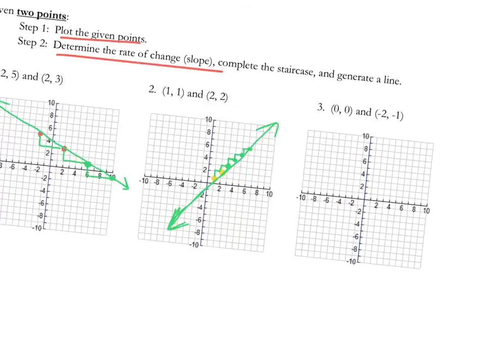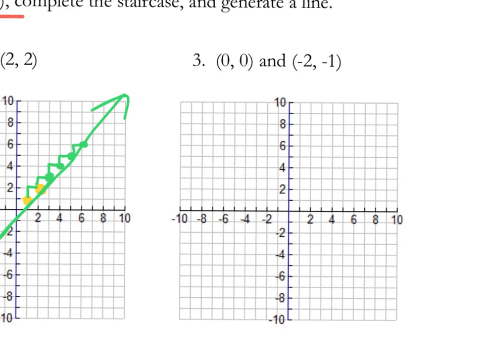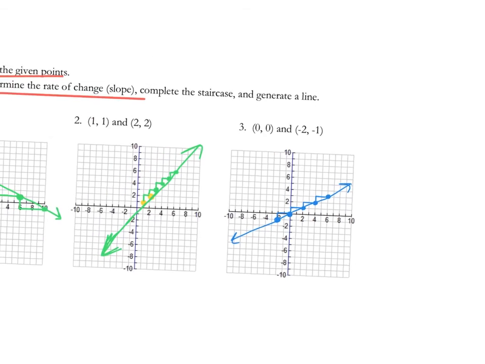And last one, 0, 0, negative 2, negative 1. So this slope is up 1, right 2. So just continue it. Up 1, right 2, up 1, right 2. And there we go. Beautiful.